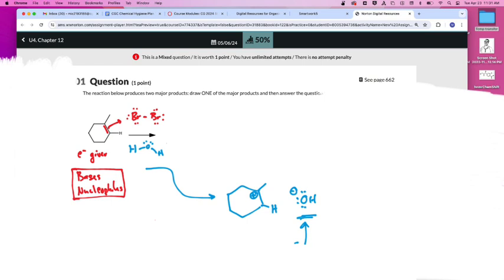The alkenes and the bromine. The electrons in the bond between the bromines. What happens? We're going to form bromide, negative charge, and we're going to leave the other one alone for the moment.